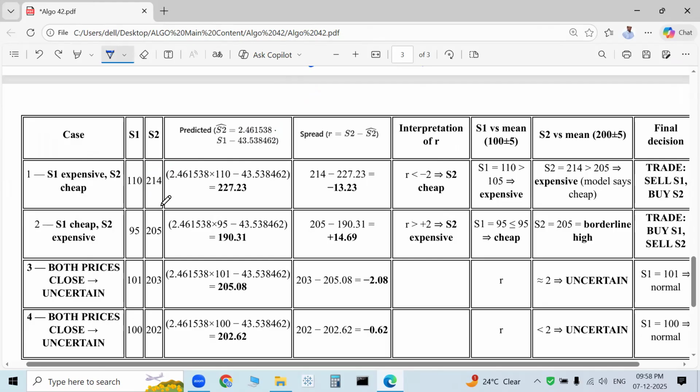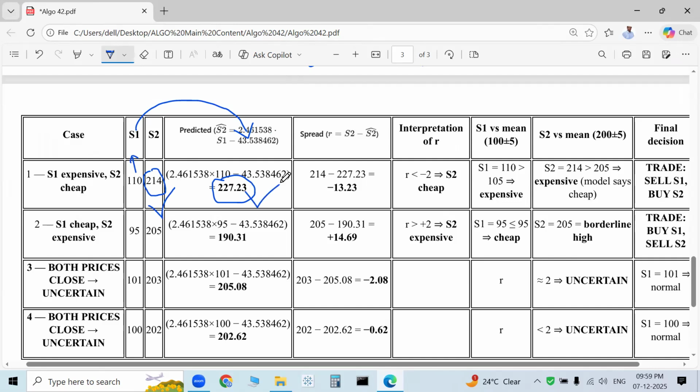I repeat it one more time. I just want to find out what is the value of S2 when S1 goes up. So this is the original value of S2. Now we put the value of S1 in this formula. When you put this value into the formula, you get the answer as 227. Now this is the actual value of S2.